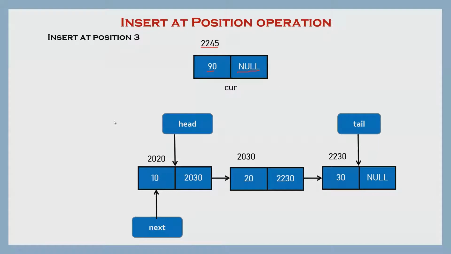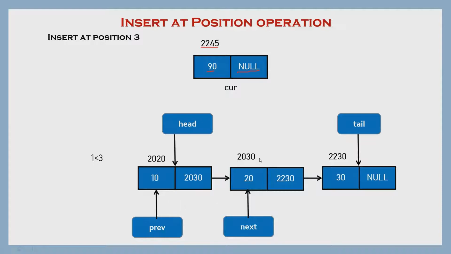Now what we can do, we need to check whether the counter is less than position. What is the counter? 1, position is 3, 1 less than 3. Is the condition true? Yes. When the condition is true, what happens? The next node will become next link node. Now this is the next node and the next will become the previous node.